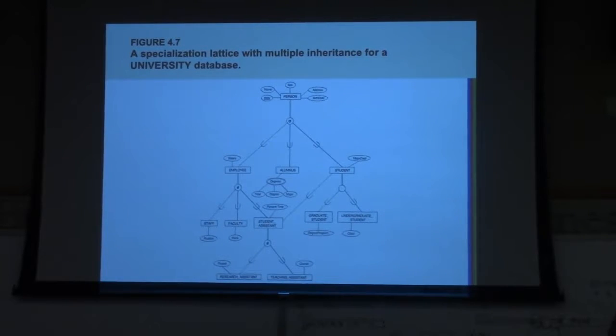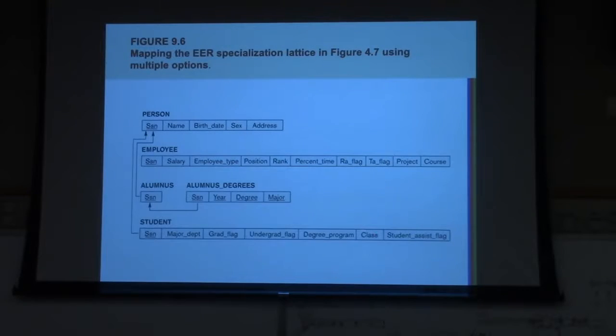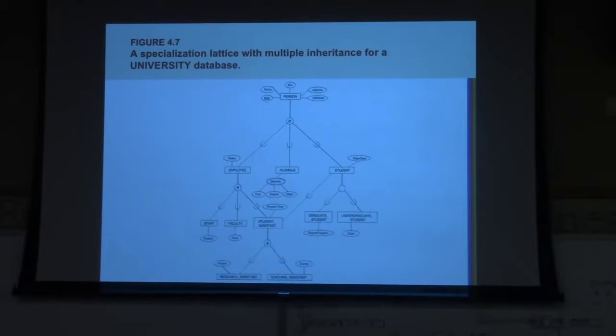His question is that the research assistant and the teaching assistant inherit from the employee and also inherit from the student, right? So it can be either of them. It cannot be both of them, right? So in this case, we select the student. It can be part of the employee, but this should be student assistant.